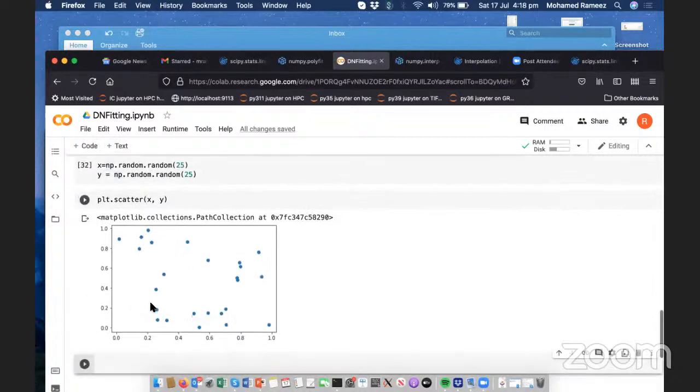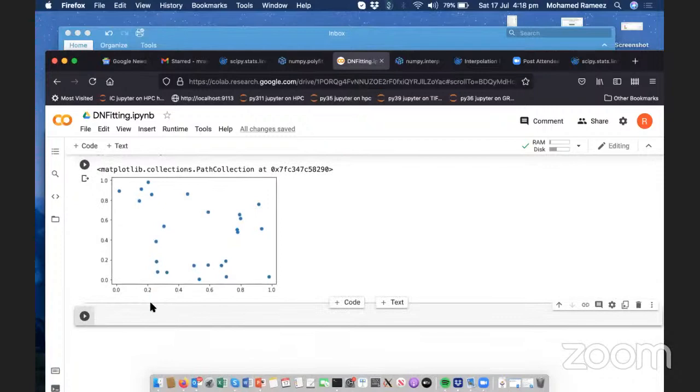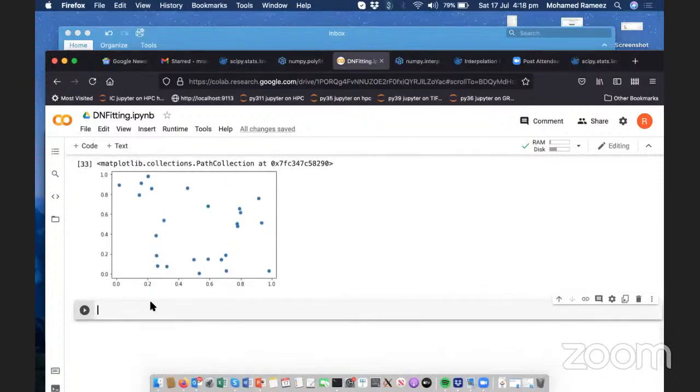So now we will progressively fit polynomials of higher order to the problem using numpy.polyfit. So let us examine how polyfit works. I do not know this off the top of my head, so I am going to examine the function.